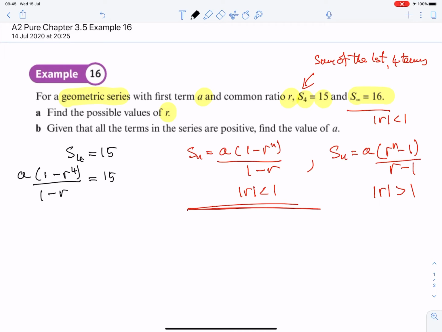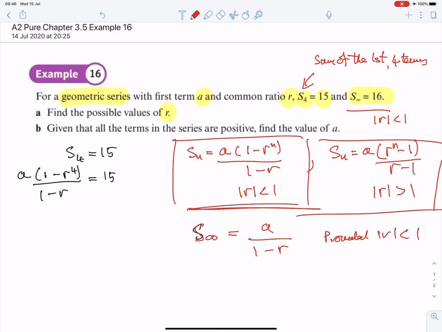So the sum to infinity equation, which you should have learnt, so the sum to infinity is equal to a over 1 minus r, provided the modulus of r is less than 1. Okay, so we've got three results there that we need to be familiar with.